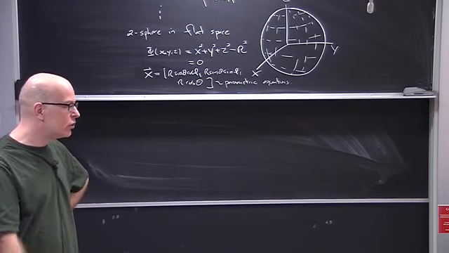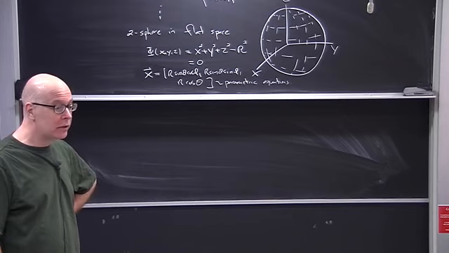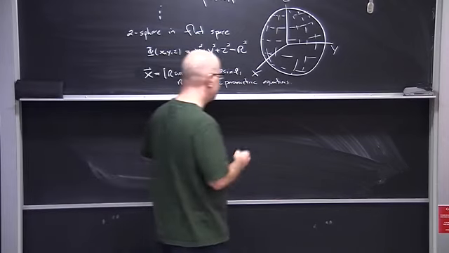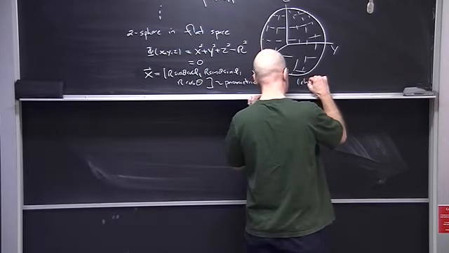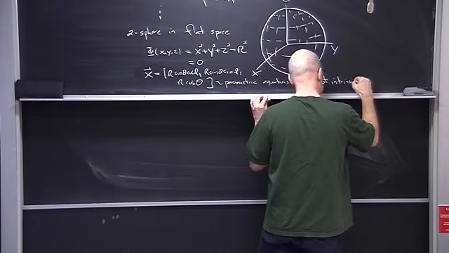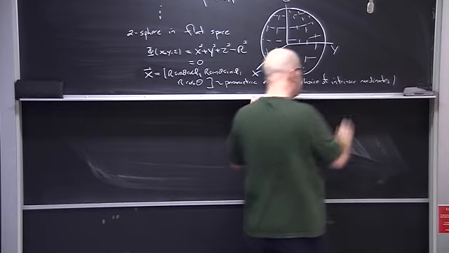Here I've chosen the standard spherical grid. It could have been something else. So again, there's a lot of latitude here. So this description here involves a choice of intrinsic coordinates. And that's something I'll say a lot more about.